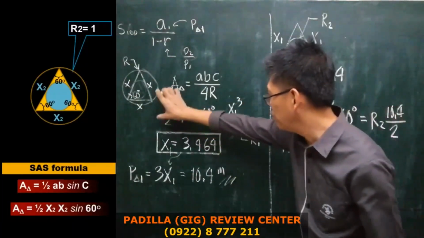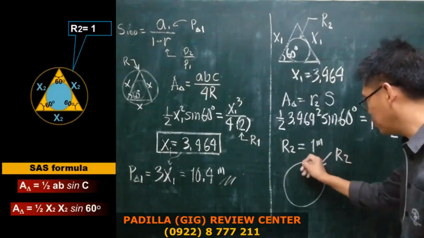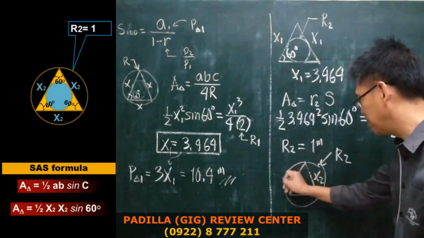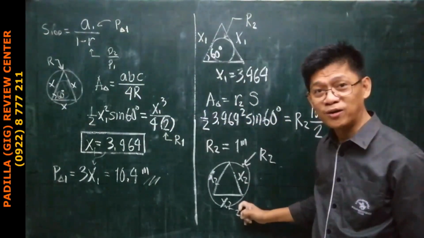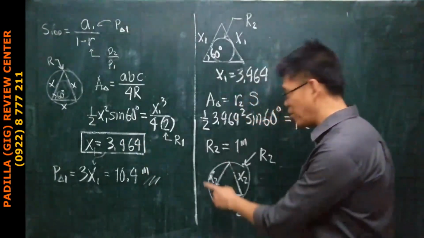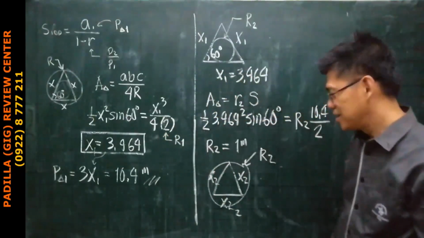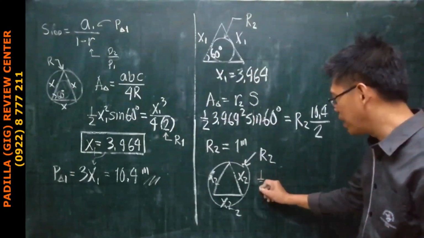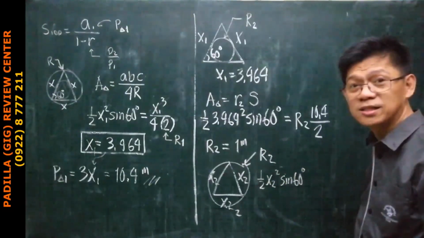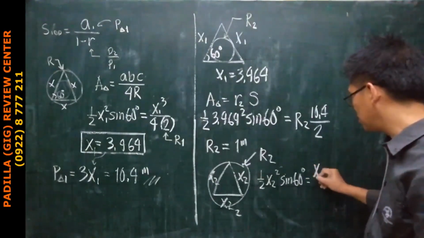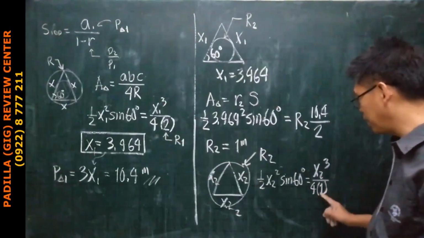So, when we apply this formula, this is R2, and this now is the second triangle, x2. Applying this same formula to this figure, the area of the triangle is 1/2 of x2 squared times sine of 60 degrees, which is equal to x2 cubed over 4 times R2, and R2 is 1. That's the only thing that changed.